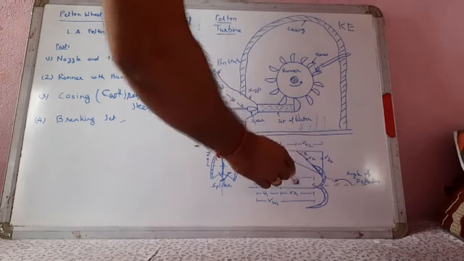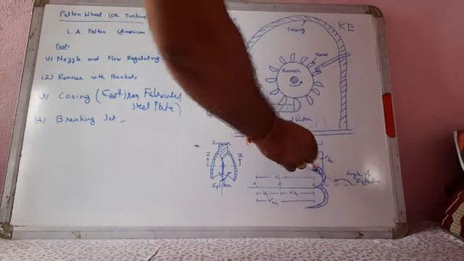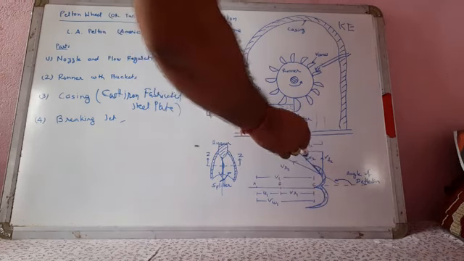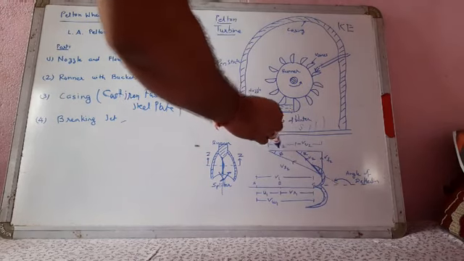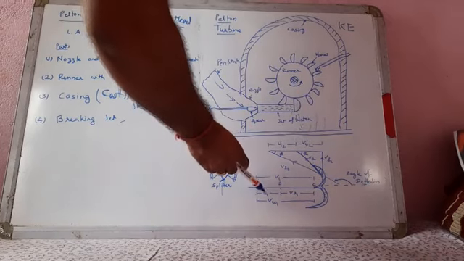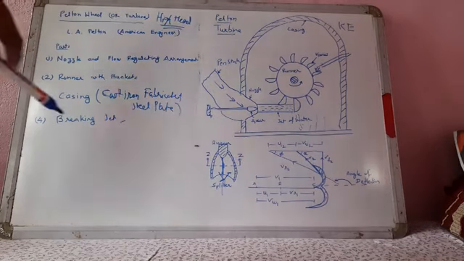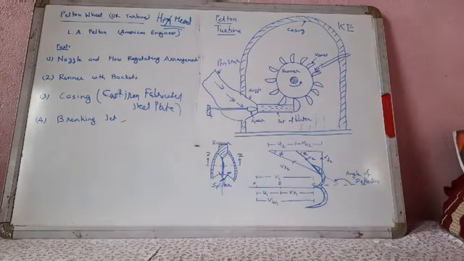Half of the water comes on this side and half strikes on the other side. This is the outlet triangle: here VR2, V2, VF2, angles beta and phi, U2 and VW2. And at inlet, U1, VR1, VW1 and total V1. So we will use this in the calculation.